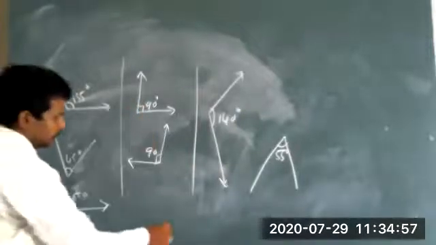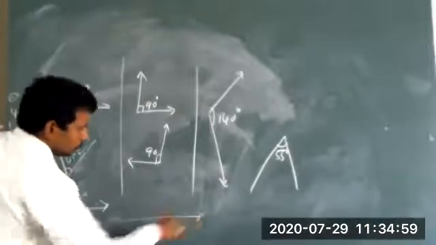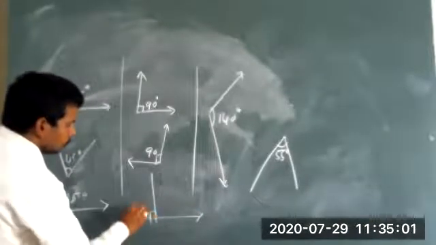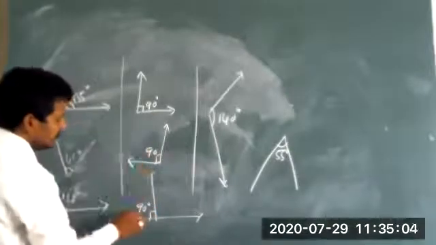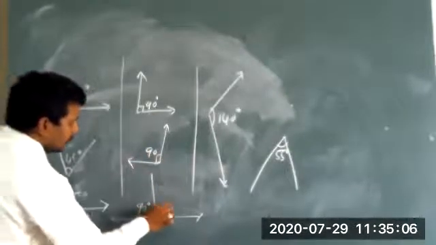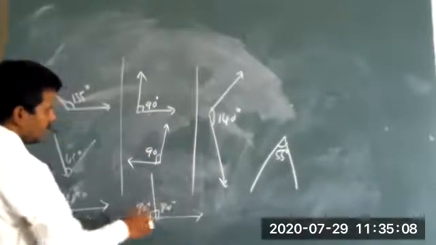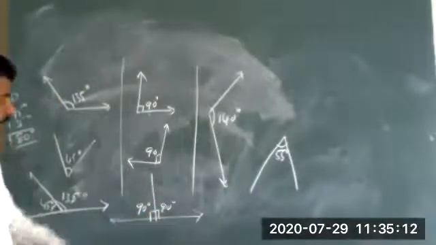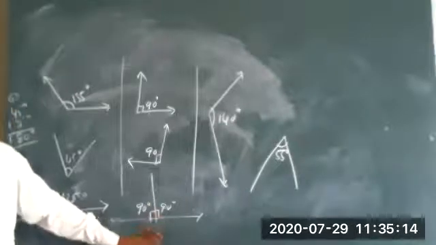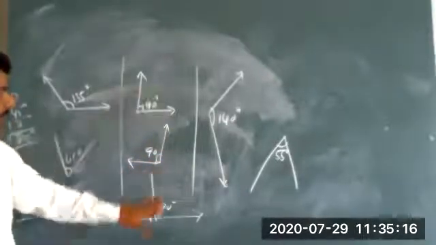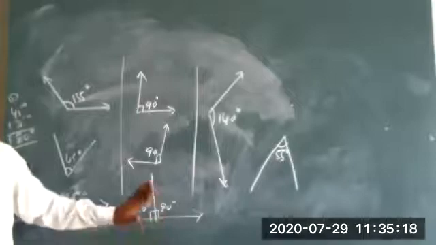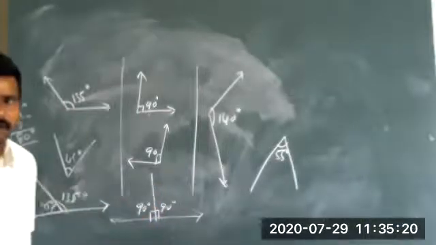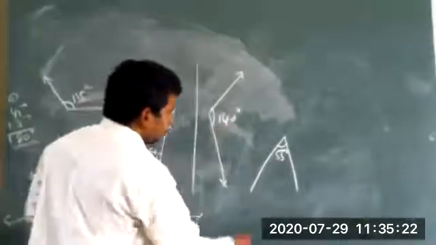Now take this one. Take 90 degrees, give here. Take 90 degrees, give here. The sum of the two angles, 90 plus 90, total, children, 180 degrees. So this pair is also a linear pair. Now take this.